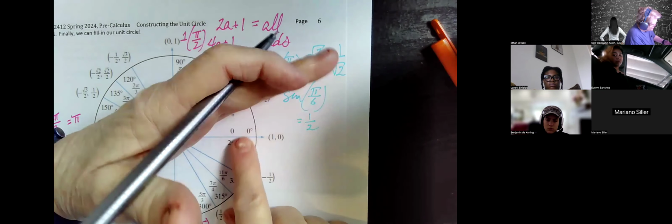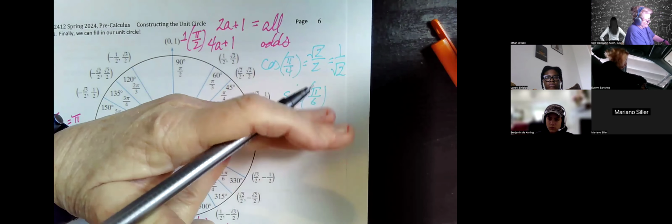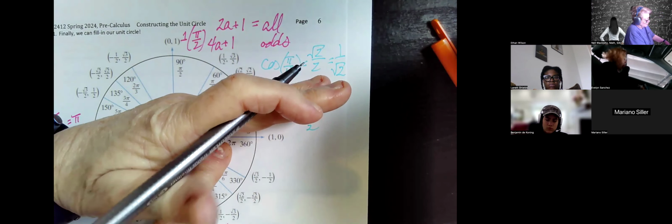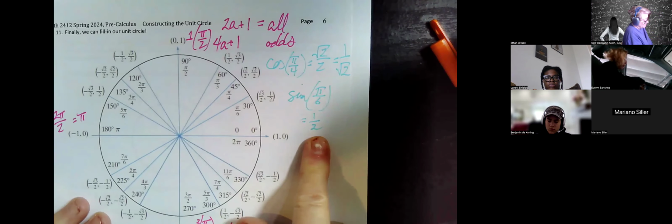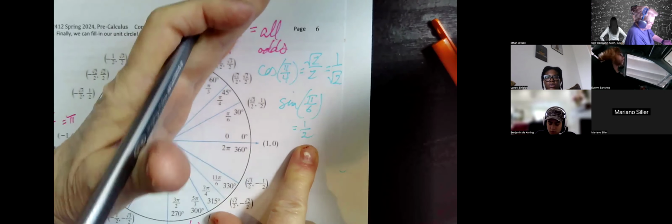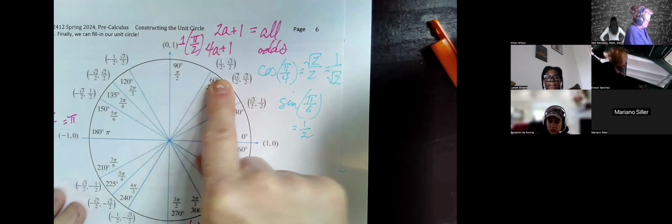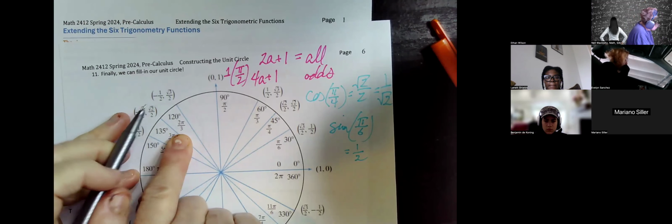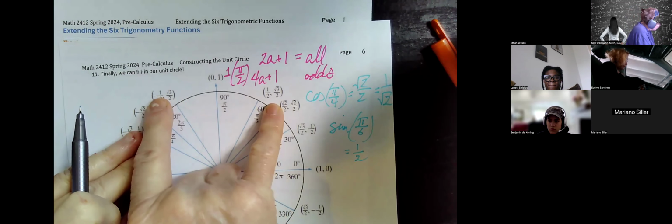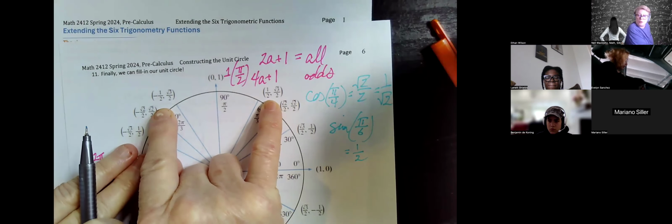And for pi over 6 or 30 degrees, we know that we're going up, not as far as we're going over. So that one has the y value of 1/2. For the pi over 3 or 60 degrees, we're going up more than we're going over. So the x is the 1/2. And here's the 2 pi over 3. You can see that the coordinates are the same when you adjust for the quadrant.